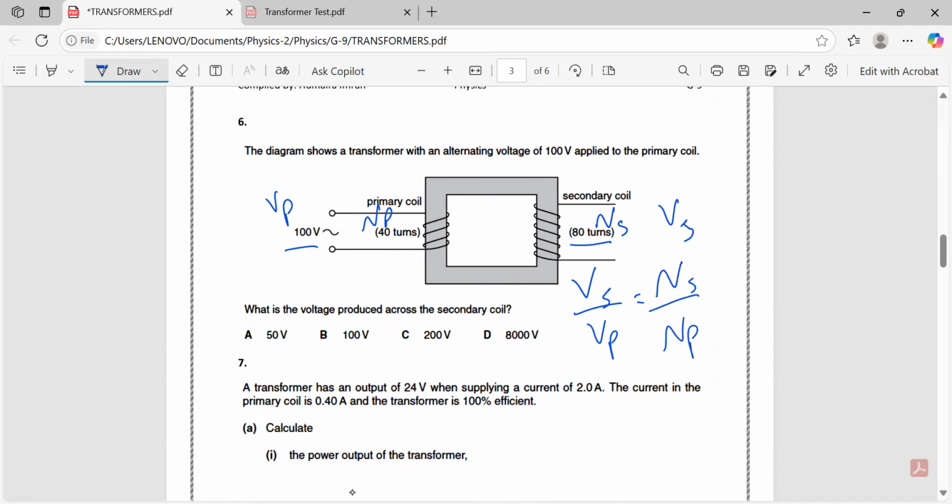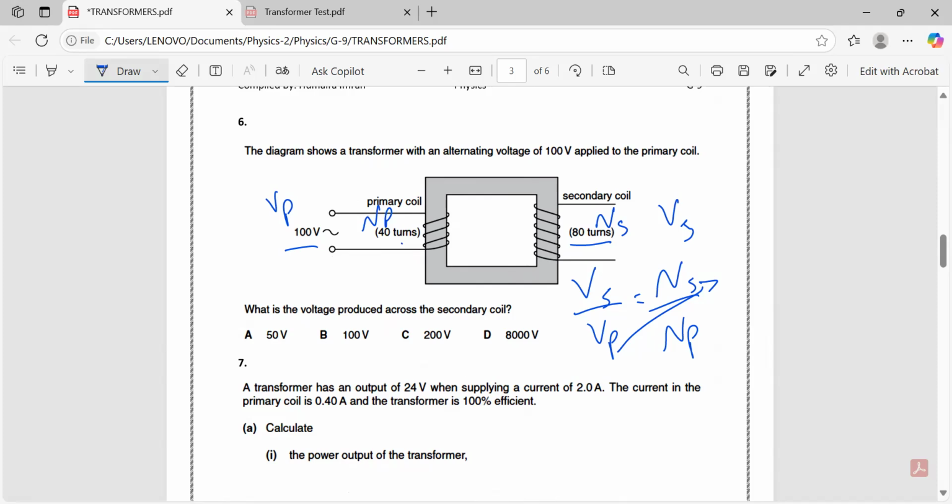Just rearrange the equation, substitute the values, and you get the correct answer.